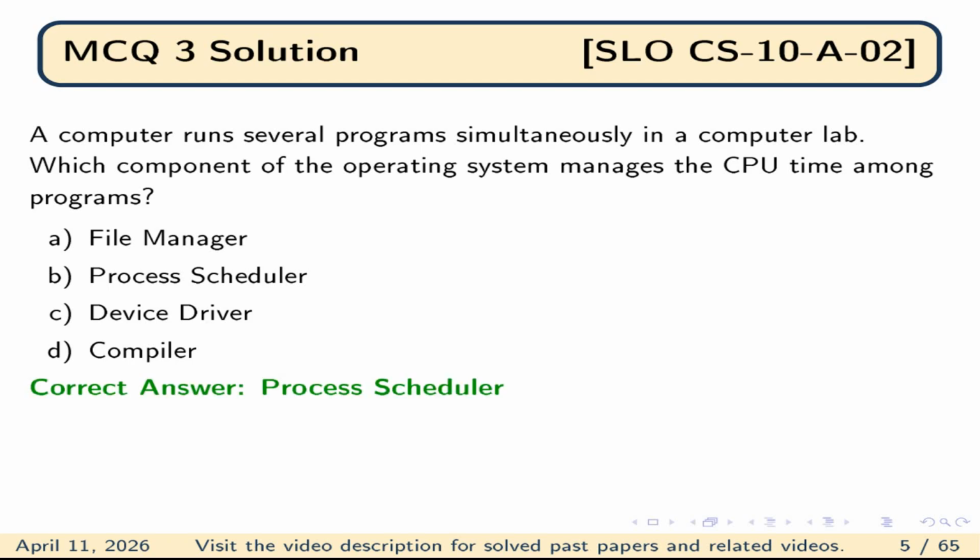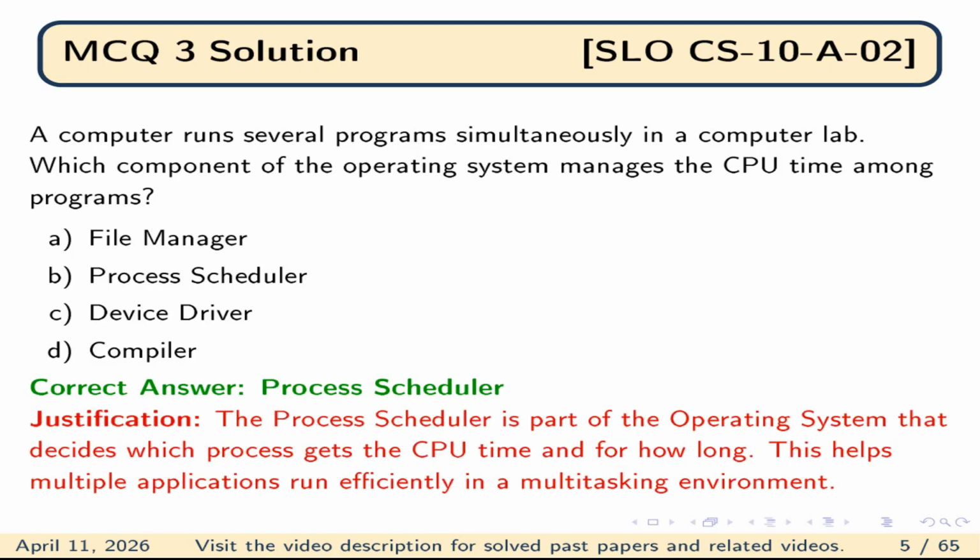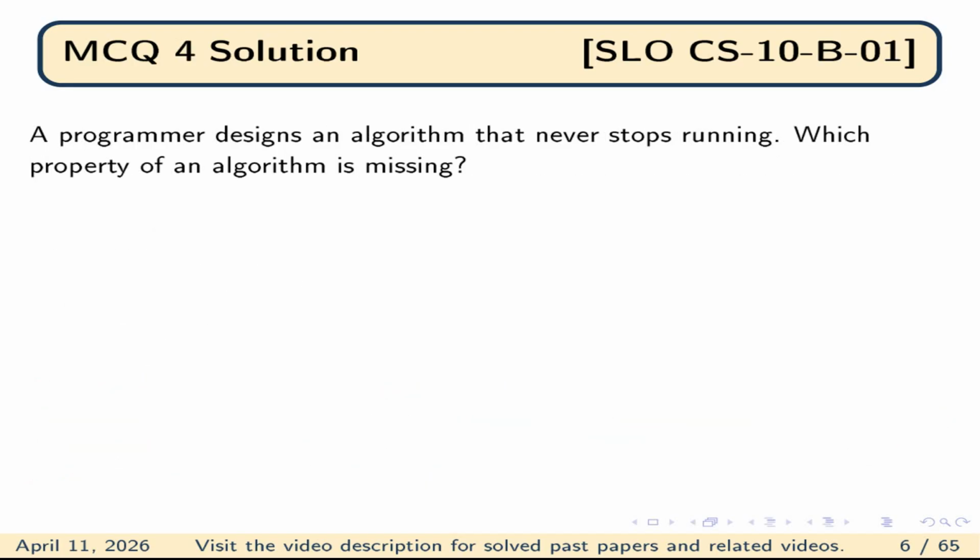The correct option is process scheduler, because the process scheduler is the part of the operating system that decides which process gets the CPU time and for how long, which we also call CPU scheduling or scheduling algorithm. This helps multiple applications run efficiently in a multitasking environment.